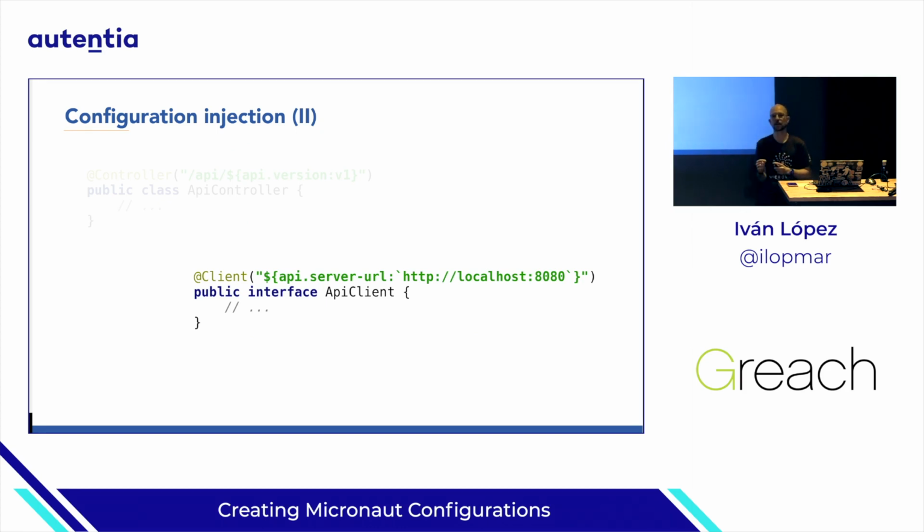But if you define something in camel case, the visitor will throw a compilation error saying this property name, server URL with a capital U in camel case, is not valid. Please use the same one in kebab case, and it suggests the right name you need to use. So with this new approach, you don't need to waste your time waiting until runtime to discover that this is not working as you expected. Now Micronaut does that at compile time for you, so you save the time of wondering why it's not working at runtime.